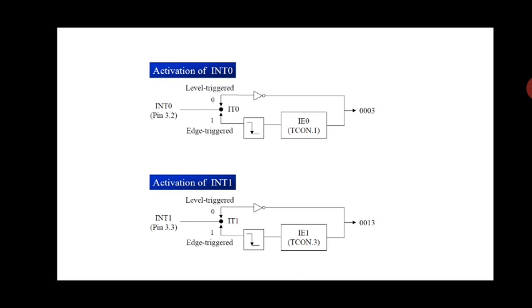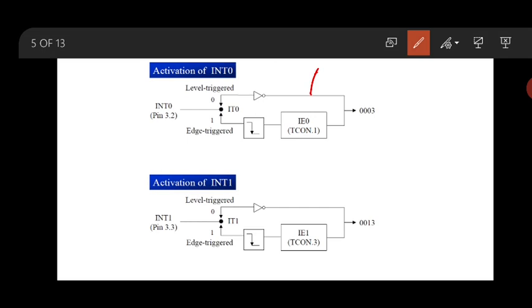If I look at this one, level trigger, if it is 0 at INT0, the NOT of this gives 1. This signal indicates an interrupt, and it will go to location 0003H, and in turn it is connected to IE0, that is TCON.1, meaning if there is an interrupt, the status will be read from IE0.